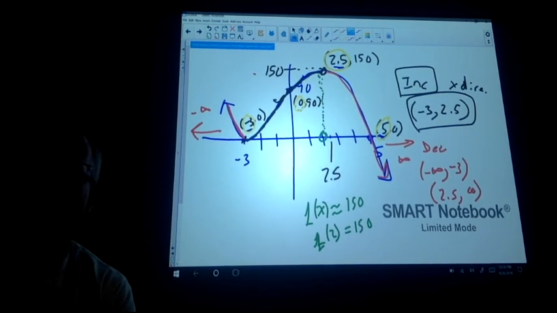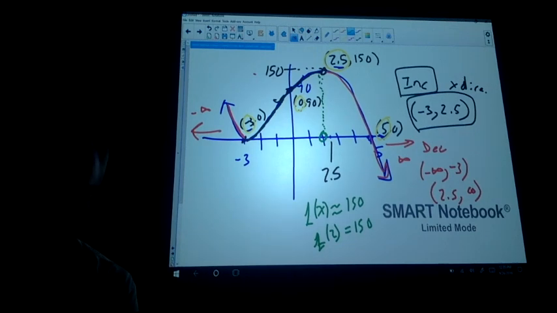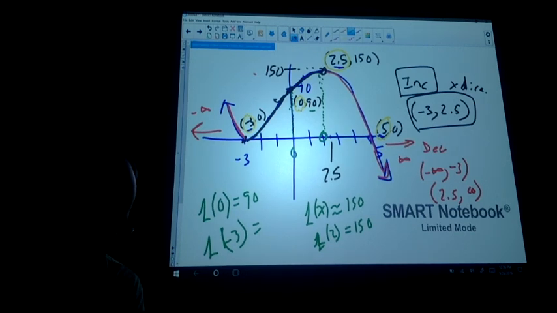I went on the number line, found number 2, and then went straight up or straight down to get there. All right, what about function at 0? So this is 0 right here. Where does that appear to be at? 90. Function at 0 is 90. And excuse me, the function at -3, what does it appear to be at? 0. Perfect.